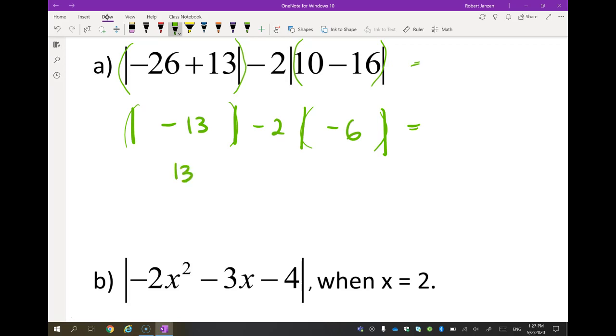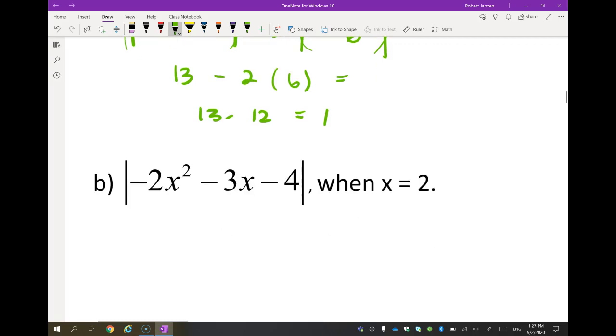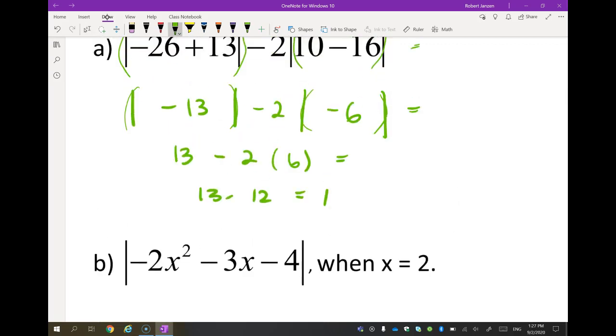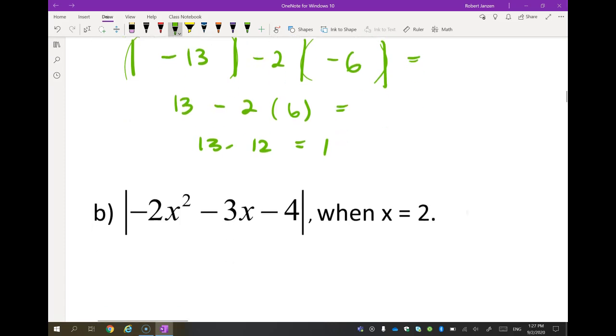That's 13. Minus 2, and then 6. The absolute value of negative 6 is 6. So this is 13 minus 12, which equals 1. This is a tricky question. Make sure you try a few of those because there will be a couple on your test, I guarantee you. Make sure you've tried them.